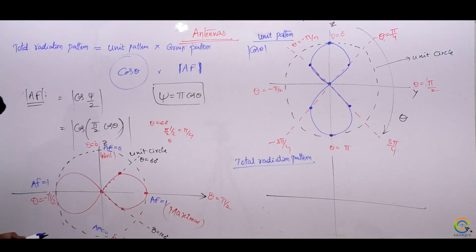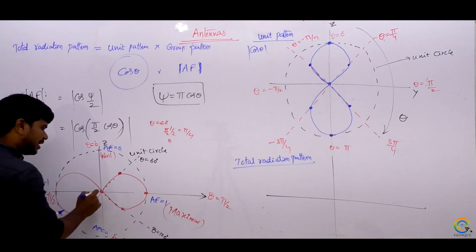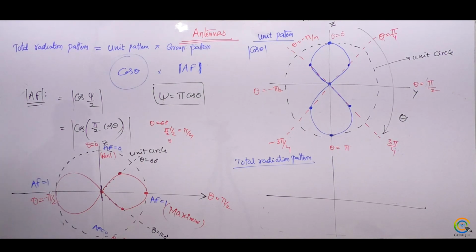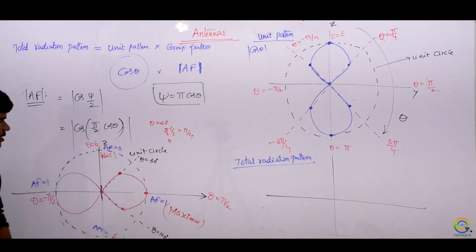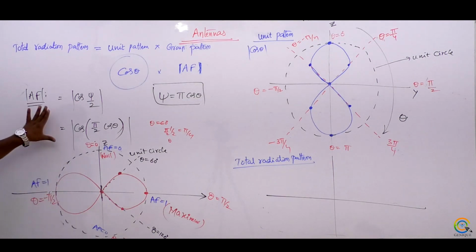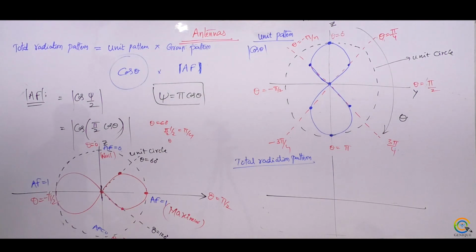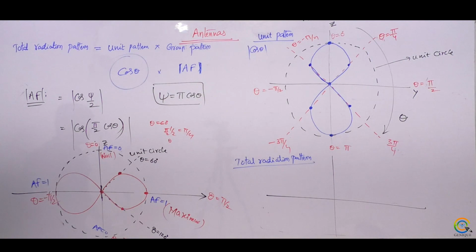The antenna elements are placed like this, and this is called the array axis. Z axis is the array axis. Because of this broadside arrangement, the maximum radiation is perpendicular to this.